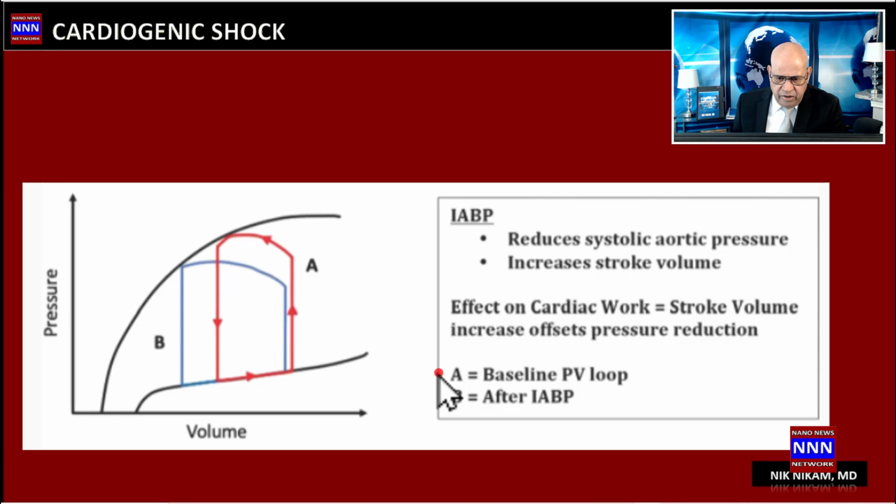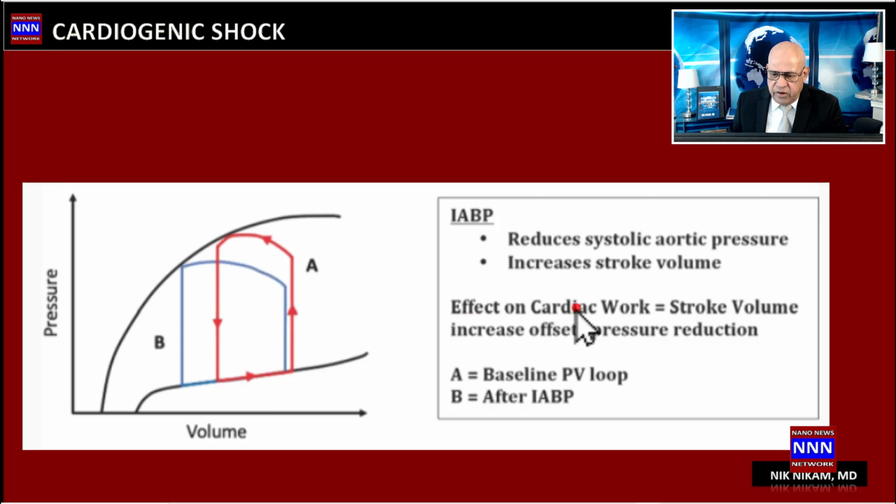And here is a case of intra-aortic balloon pump. And here was our normal pressure volume loop with the intra-aortic balloon pump. When we inflate the balloon during early diastole in the aorta, it reduces the systolic aortic pressure. By displacing the blood backwards, it increases the coronary flow and it increases the stroke volume.